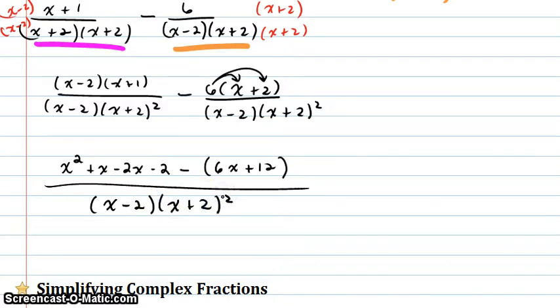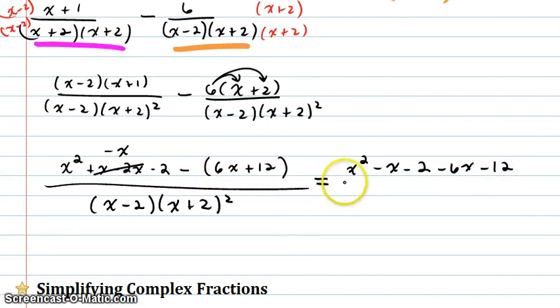Okay, next we want to combine our like terms in the numerator. So we have x squared, positive x, and a minus 2x, that's minus x, if you want to think of it that way. Okay, so we have x squared minus x minus 2 minus 6x minus 12. Don't forget to distribute that minus sign to both numbers.